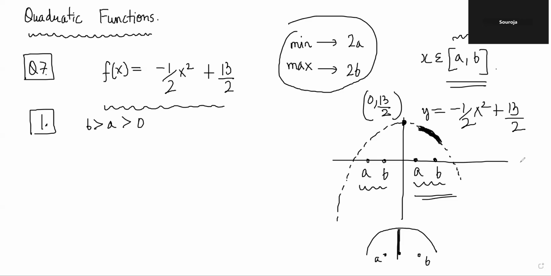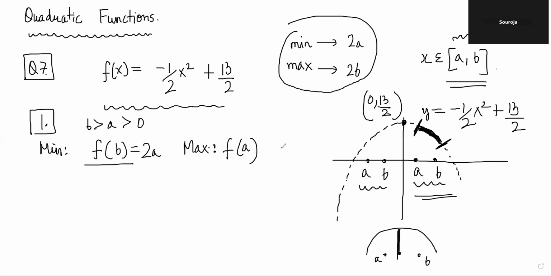So the minimum value of this graph will happen here and the maximum value will happen here, right? So minimum will be f of b and maximum will be f of a. And according to the question, the minimum is 2a and the maximum is 2b, right?